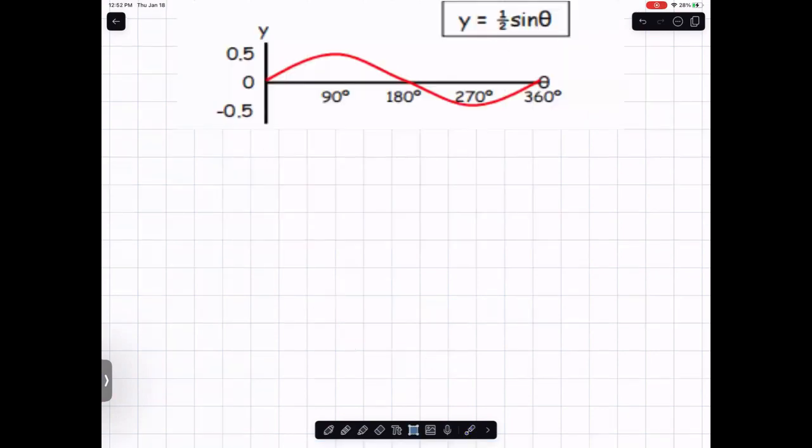So this is a graph of y equals half sine theta. You see that our sine 90 is at 0.5, and our sine 270 is at minus 0.5. So when you multiply theta by any value, that means your y-axis is being affected.